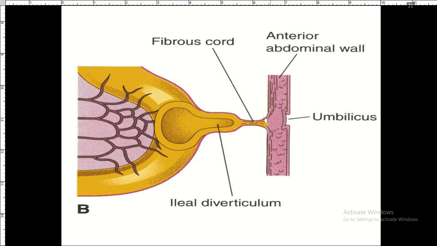This is your umbilicus, and you have a bud. And this bud occurs at the antimesenteric border, which is not here. This is the mesenteric border, where there are the superior mesenteric vessels. The side that is opposite, where there are no superior mesenteric vessels, is called the antimesenteric border. So this bud, the ileal diverticulum or the Meckel diverticulum, occurs at the antimesenteric border and attaches to the umbilicus.